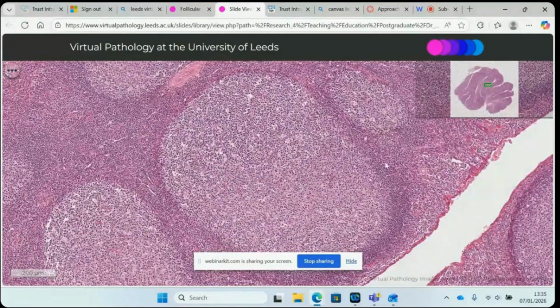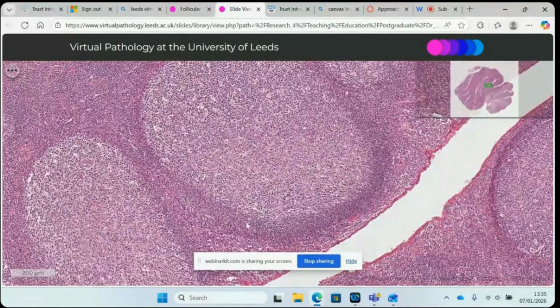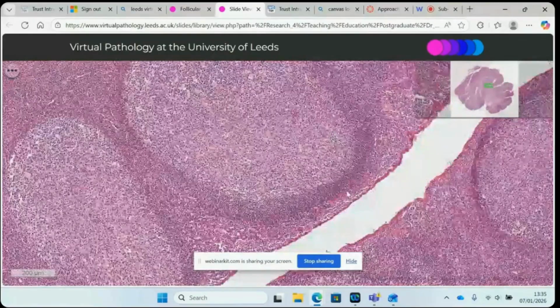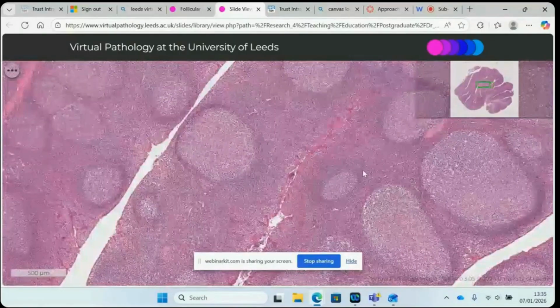You've also got a mantle zone around the follicle, which is relatively well developed. Where the germinal center has polarization of a dark area and a light area, the mantle zone also shows polarization in that it's thicker on one side than the other. That's the same with most of these nodes you look around.